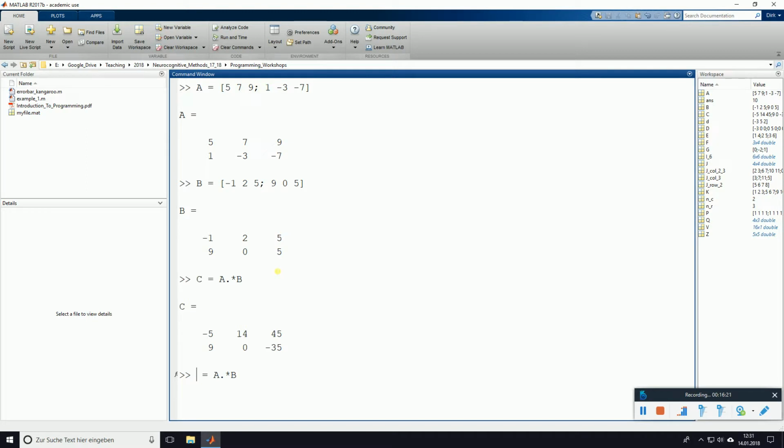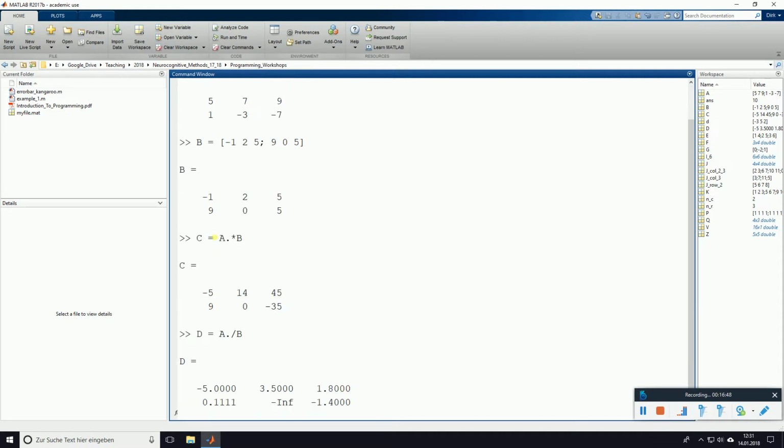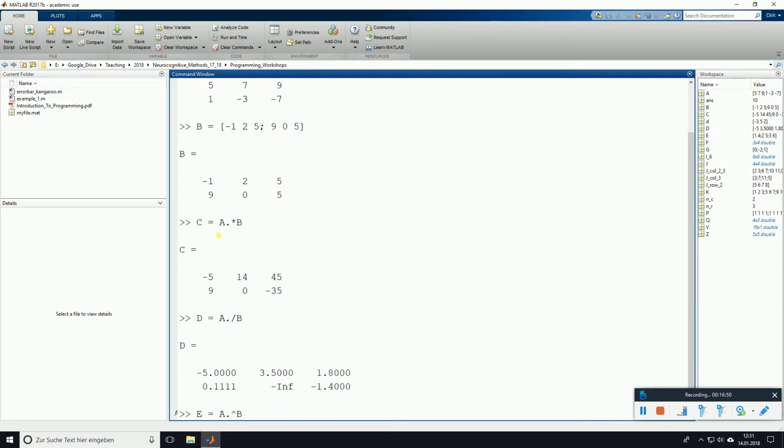Same thing for element-wise division, here you're dividing by 0, which means you get an infinity value here, and also element-wise exponentiation. So for example, here 5 to the power of -1, so 1 over 5, so 0.2.